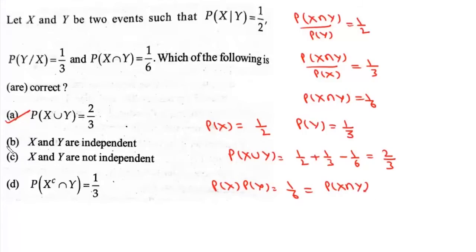That means x and y are independent. And if they are independent, C is incorrect. Now we need to find probability of x complement intersection y. Since they are independent, we can write this as P(x complement) into P(y). Now P(x complement) is 1 by 2 and P(y) is 1 by 3. That means this option D is also incorrect. So the correct options are A and B.